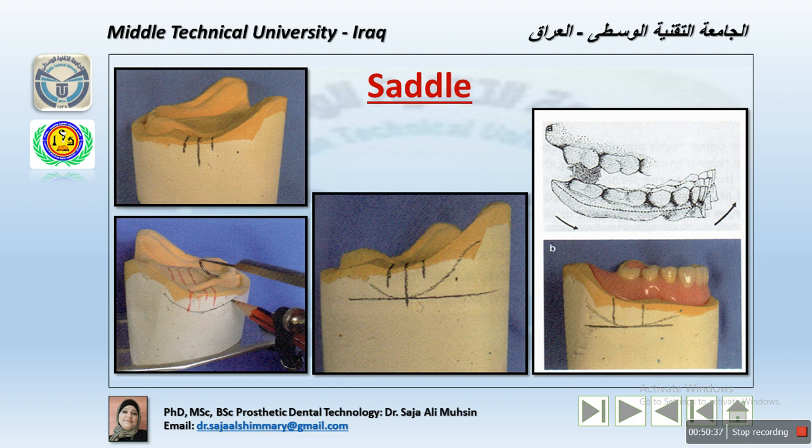Of course, the part where you would put the horse saddle is then drawn as shown in the image on the left and right side, and we can also notice the simulated probable movement of the upper and lower in terms of crushing of teeth, and this is the most stable area within the denture.